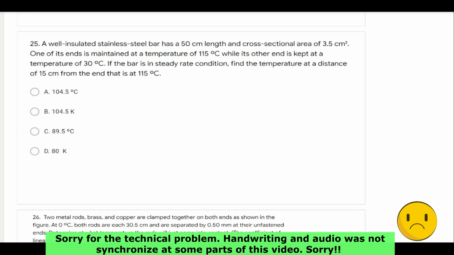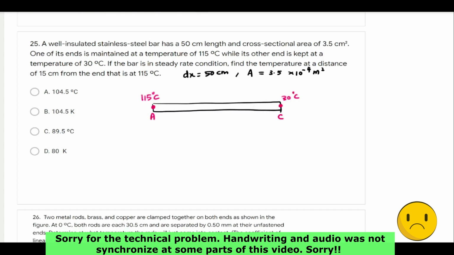If the bar is in steady state condition, find the temperature at a distance 15 centimeter from the end that is 115 degrees Celsius. So kita nak cari dekat sini lah. Contohlah saya namakan dekat point ini. Berapa temperature dekat point ini? So let's say at this point dia adalah point B. So saya nak cari TB tu berapa.